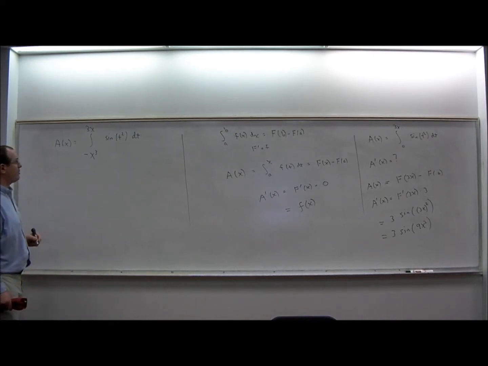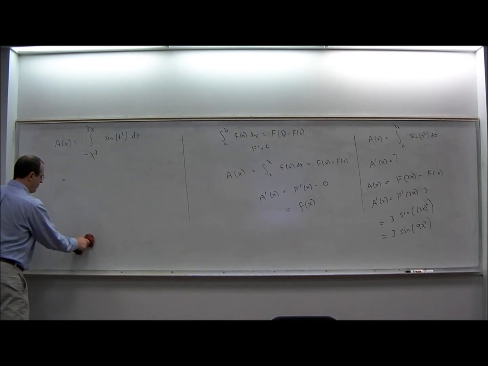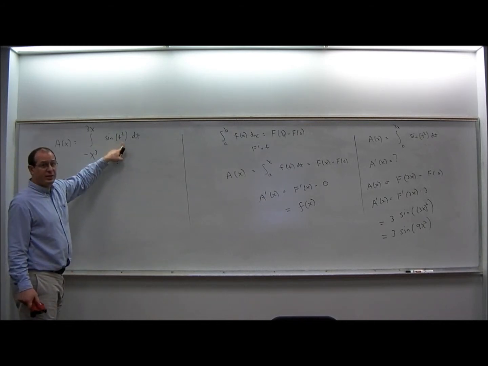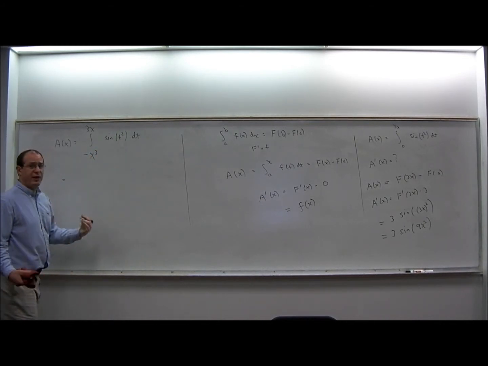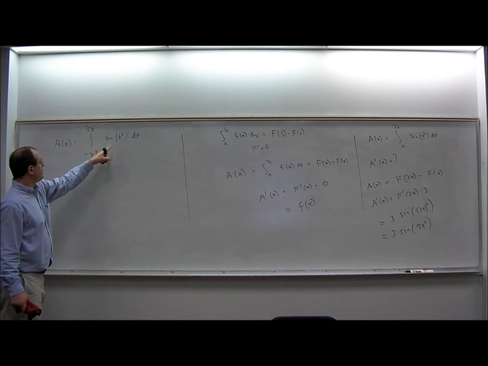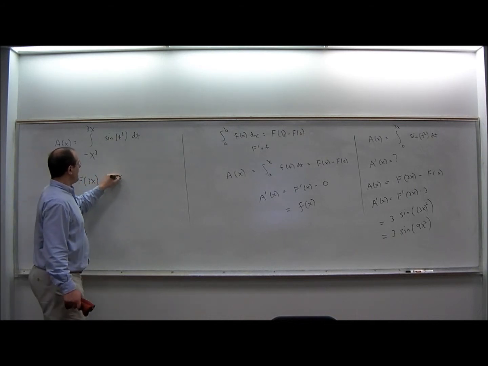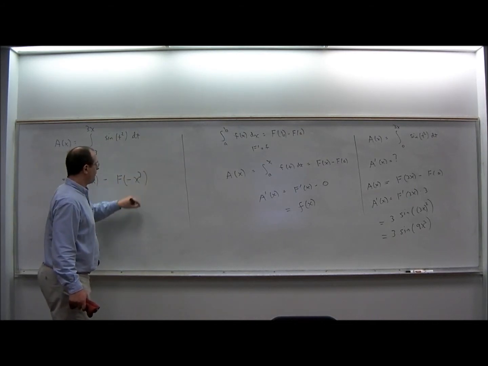What is A prime of x? What is the derivative? In order to find that, it's helpful to imagine that we could anti-differentiate this function. So suppose we could find an antiderivative capital F, then this definite integral would be capital F of 3x minus capital F of negative x cubed.